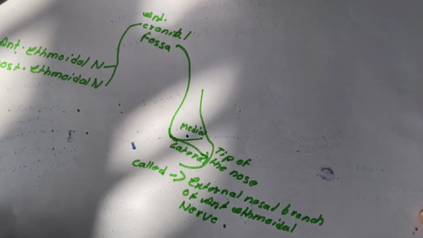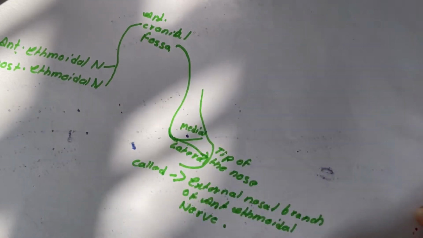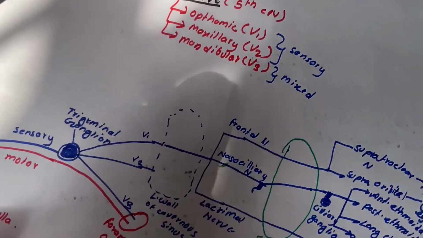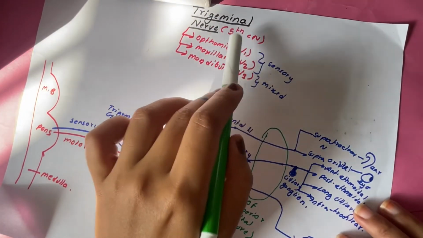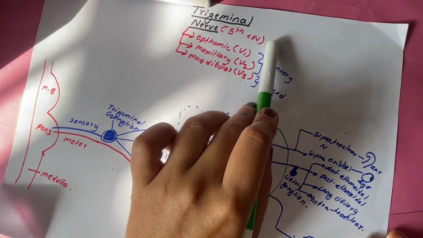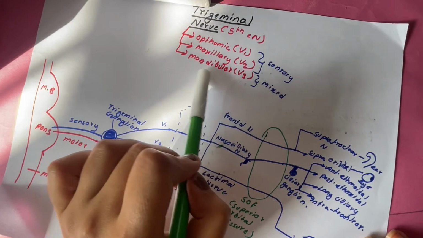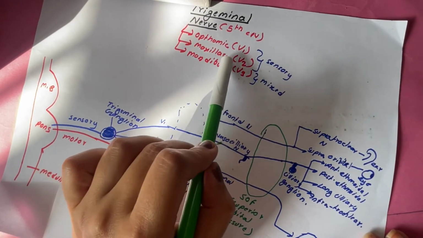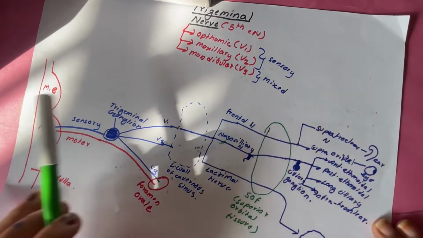That's it, guys. Now let's summarize everything in brief. The trigeminal nerve, also called the fifth cranial nerve, gives three branches: ophthalmic, maxillary, and mandibular. The ophthalmic and maxillary give sensory, while the mandibular gives mixed, that is sensory and motor.